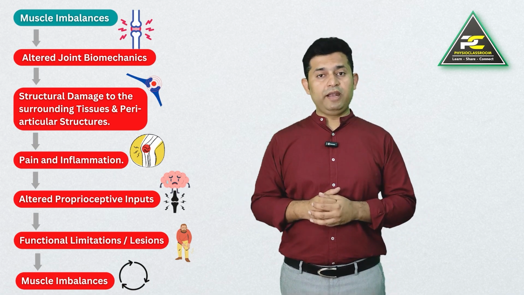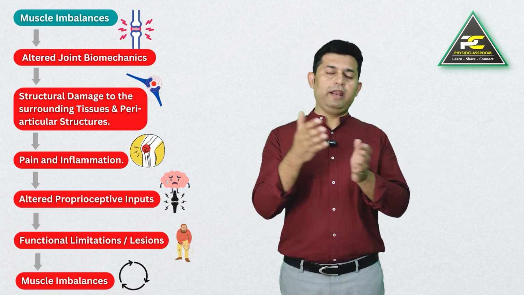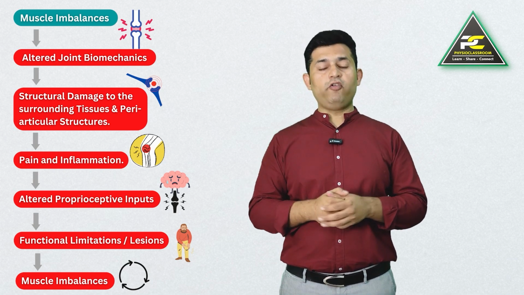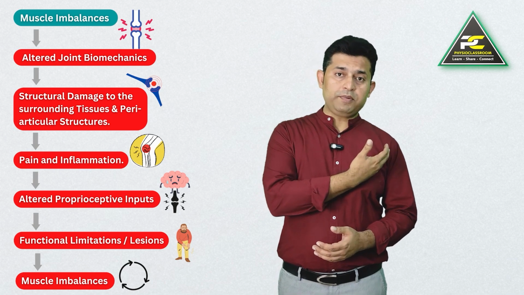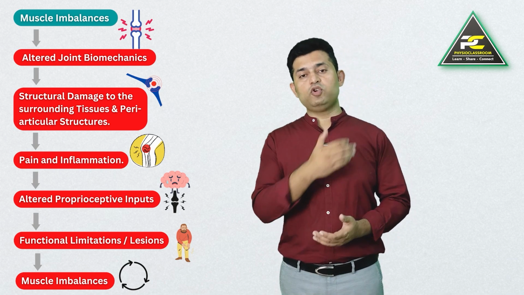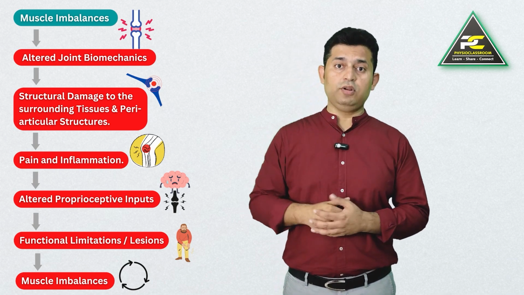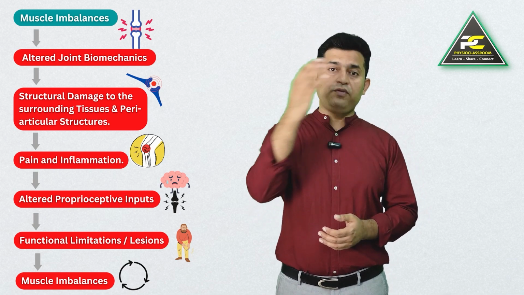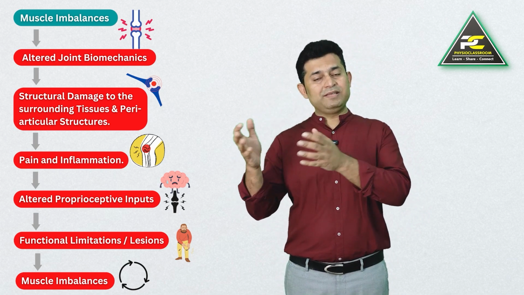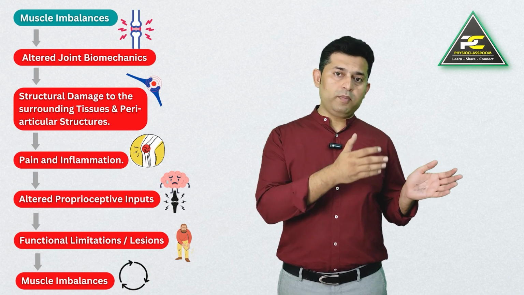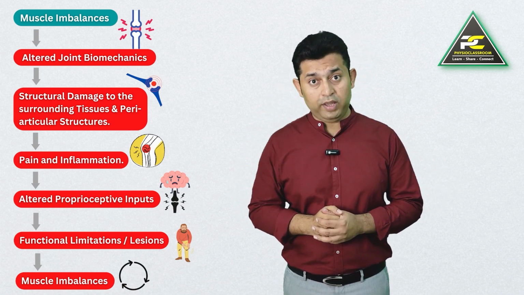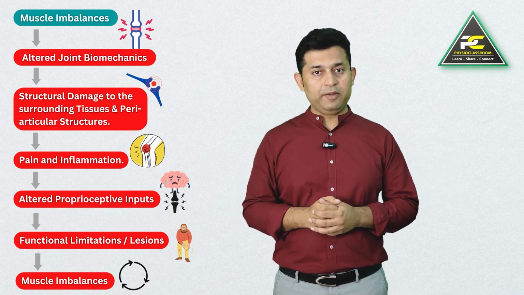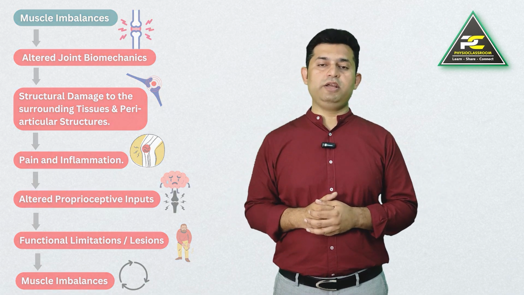This damage in turn leads to pain and inflammation, and as a result of pain and inflammation, there are altered proprioceptive inputs or altered somatosensory function in that region. This further leads to muscle imbalance and abnormal joint biomechanics. And this vicious cycle will keep on going and will cause recurring pain and chronic pain conditions.